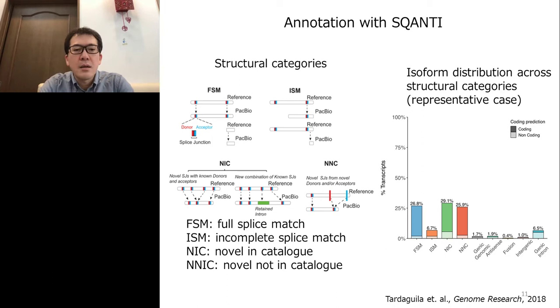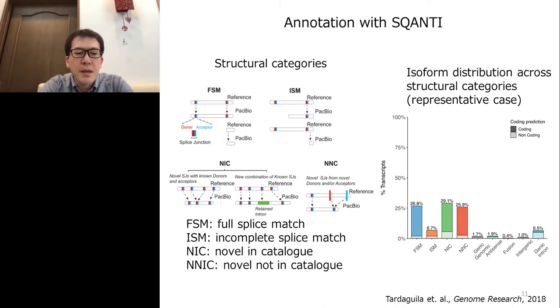SQANTI is a useful tool to analyze IsoSeq transcripts. It classifies IsoSeq transcripts based on how they differ from reference sequences. For example, full splice match, FSM, isoforms are the isoforms in which splice junctions perfectly match with those of reference sequences.